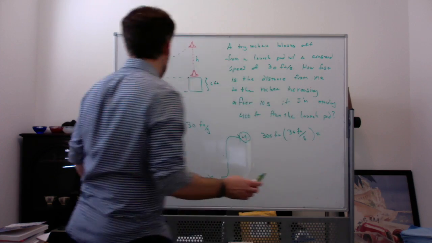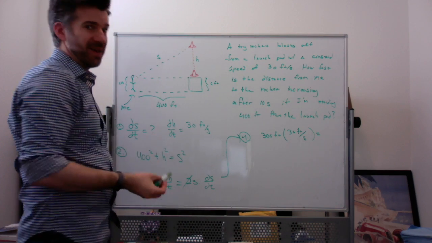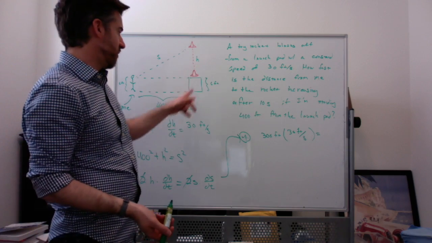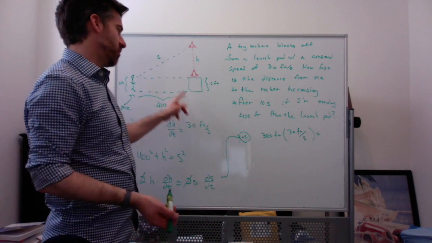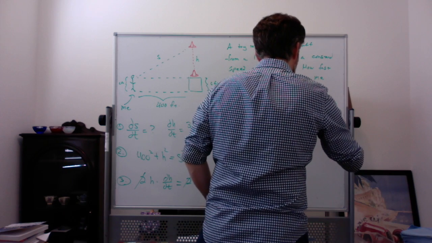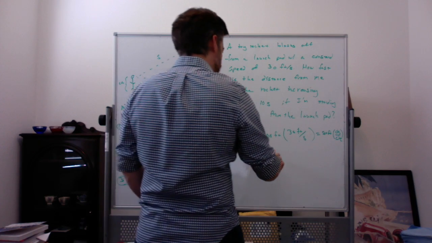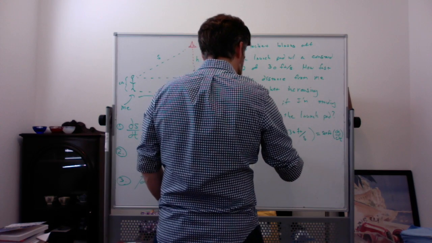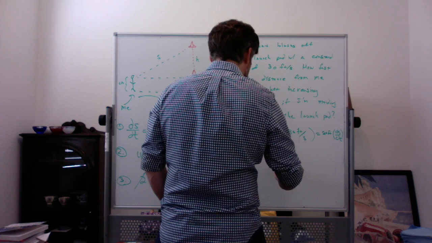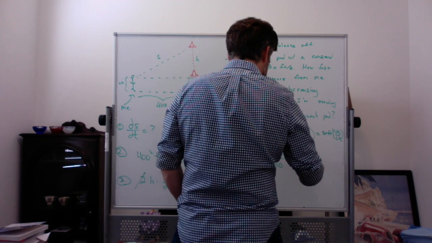S is, well, if this is 400 and this is 300, we can find S using the Pythagorean theorem. It's going to be 500, because we've got a 3, 4, 5, or a 300, 400, 500 right triangle. So solving for ds dt, I've got 300 times 30 divided by 500 feet per second.